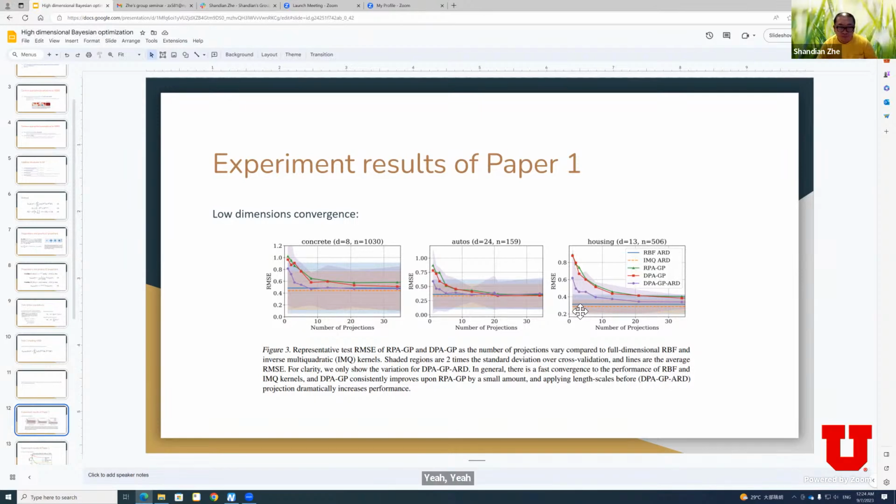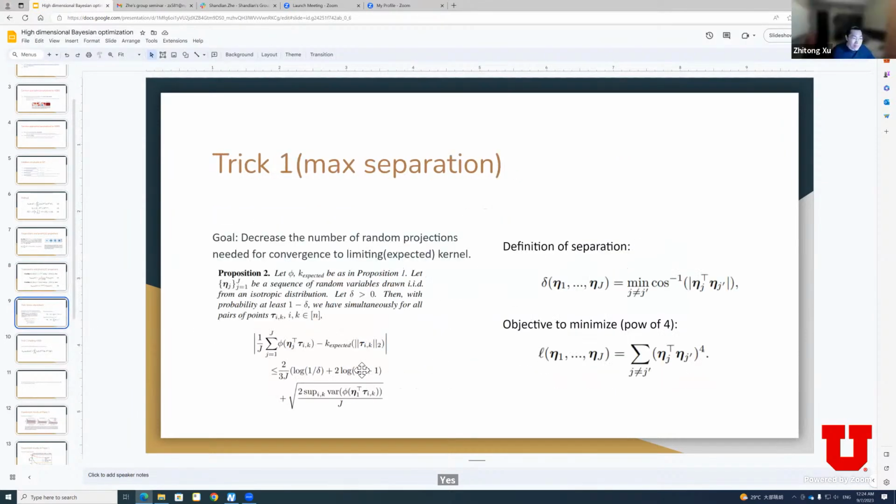Hi, Jidong, can I see proposition 2 again? Proposition 2 is kind of saying they bound the convergence rate. So basically, on the right hand side of the slide, they want the random projections more spread. I'm asking about the right hand side.